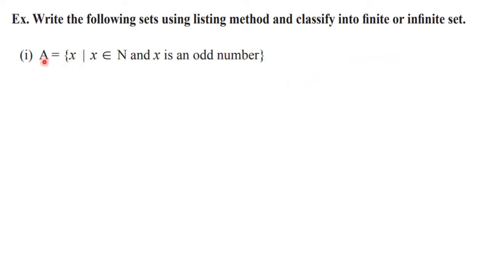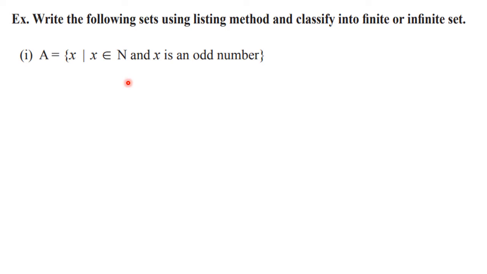First one: A is a set of all x such that x belongs to N and x is an odd number. In short, we have to list all the natural odd numbers.